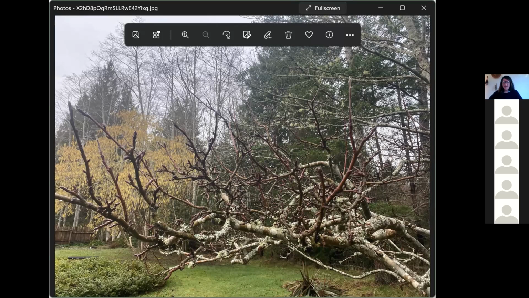So I think what might be easier at this point is if folks have questions or comments, unmute and just hop in. Patrick, would you like to unmute and do you have any specific questions about this branch?